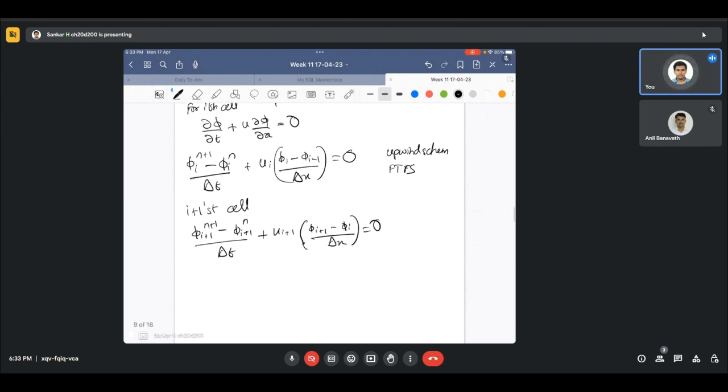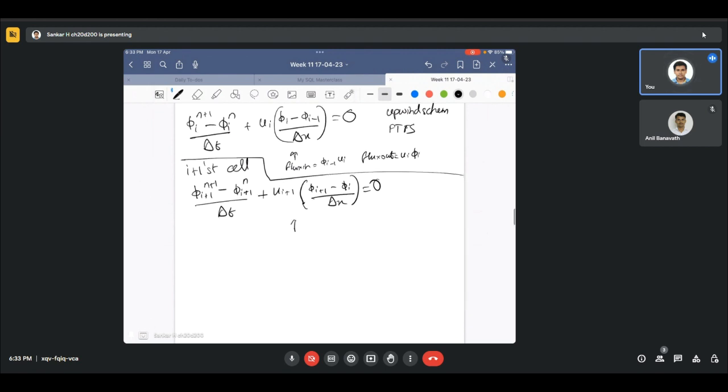Therefore, we can say here that for the ith cell the flux in is equal to φ_(i-1) times u_i, and the flux out is equal to u_i times φ_i. And for the (i+1)th cell, the flux in is equal to u_(i+1) times φ_i, and this is all evaluated at the nth level.